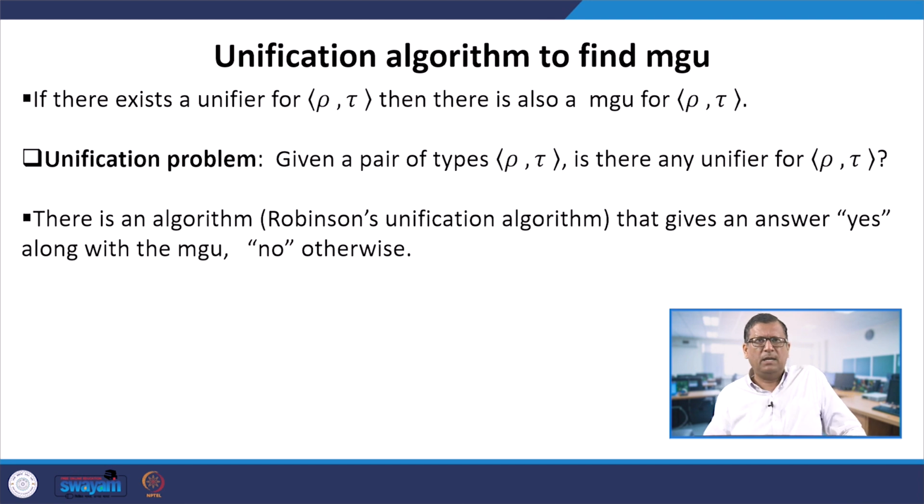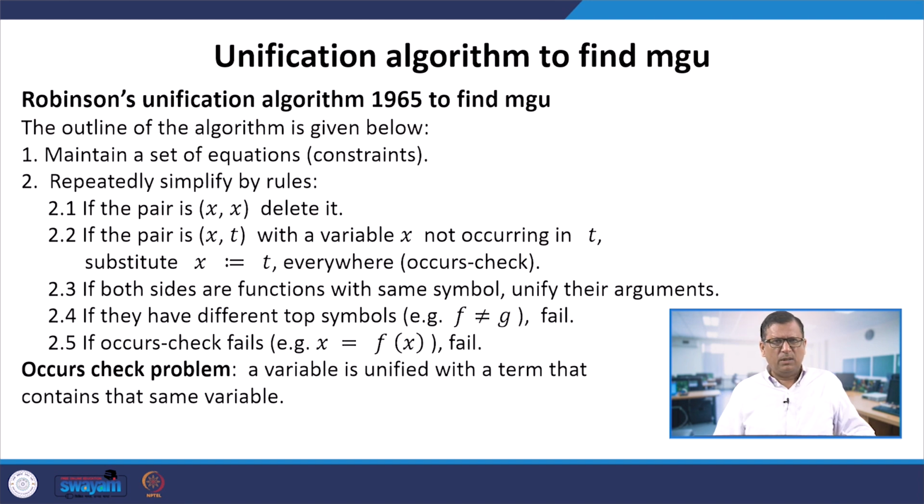That means, can we come up with an algorithm that will take this pair as input and say yes or no? Yes means it is unifiable and it will give an m.g.u. No means it is a correct statement that indeed there is no unifier for this pair. We have an algorithm called Robinson's unification algorithm that gives the answer yes along with the m.g.u, or no otherwise. So now we give the algorithm.